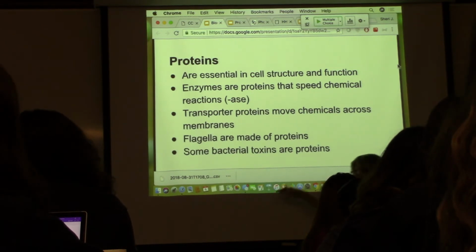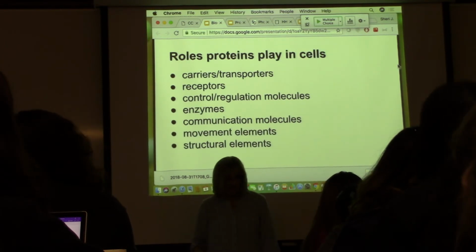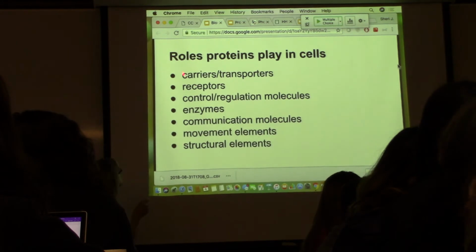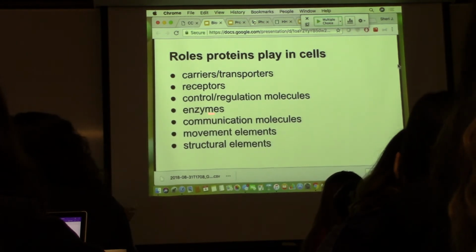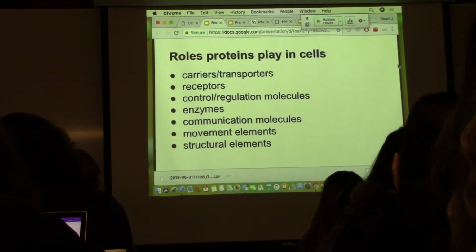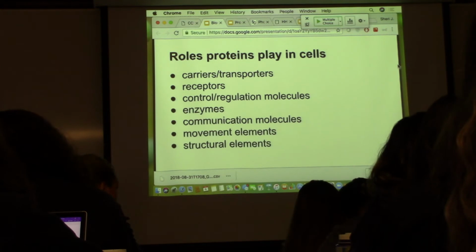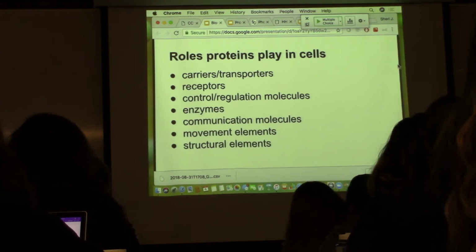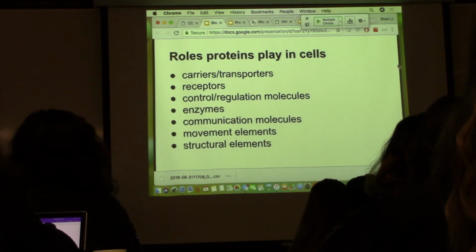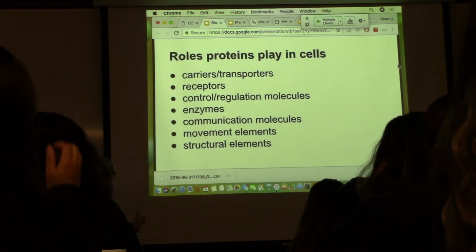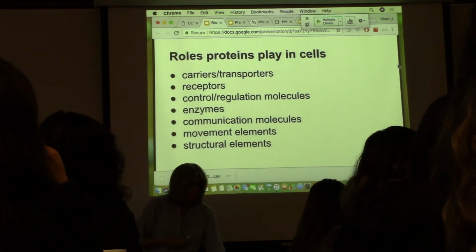So proteins, I have a laundry list on this slide: transporters, receptors, regulator molecules, enzymes, cells that talk to each other with proteins. They allow cells to be motile. They are part of the structural component of cells. Proteins do everything, right? I can't think of something they don't do other than store information.